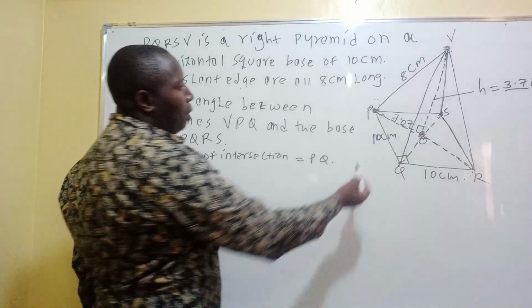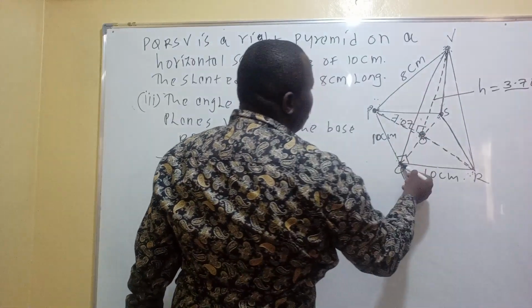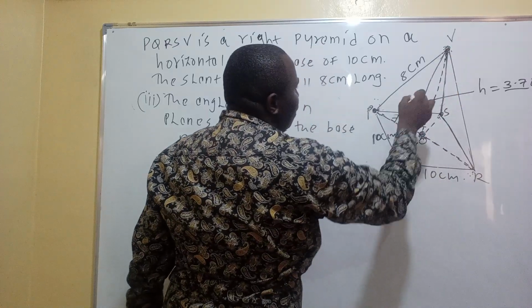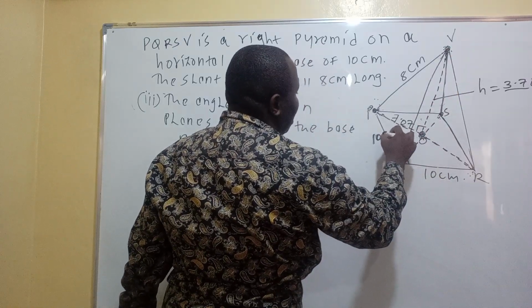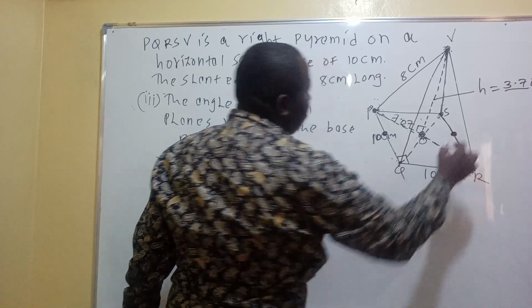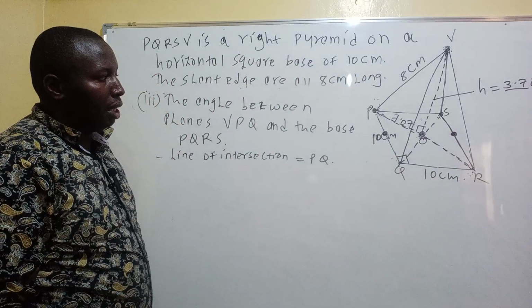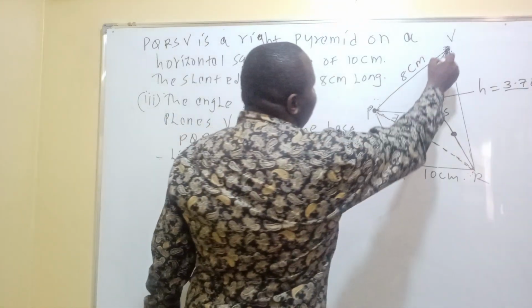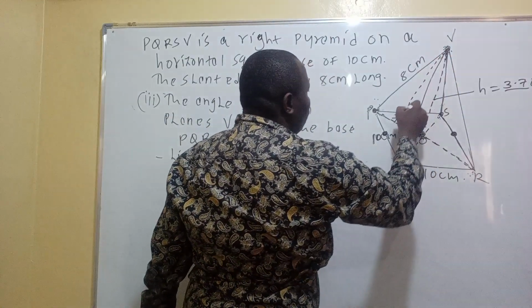So two lines, we have the plane VPQ and the plane PQRS. On the plane VPQ, mark the midpoint of PQ. This V will make an angle of 90 degrees there.